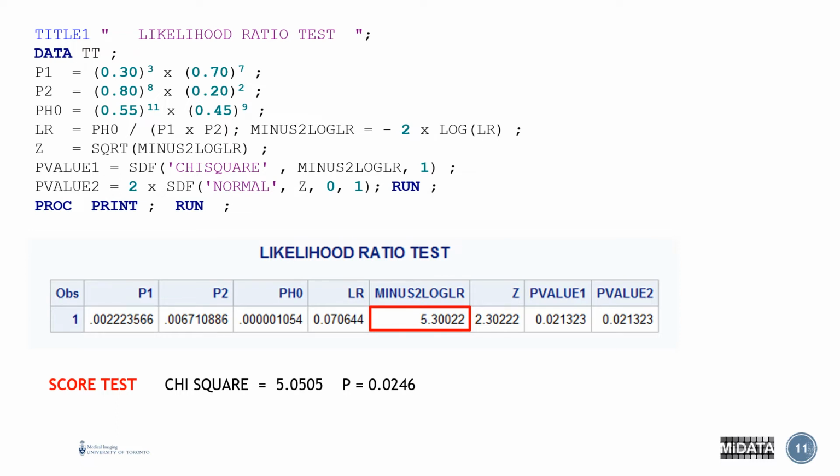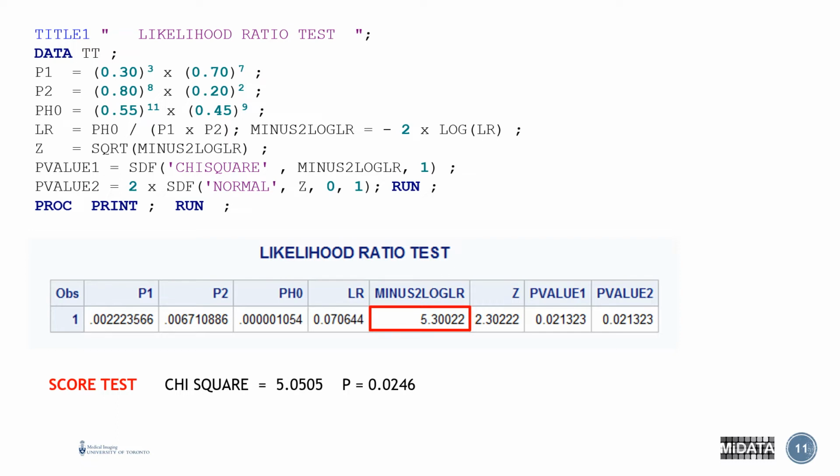What we show here is that if we simply take the square root of the negative 2 log likelihood ratio, which you will remember follows a chi-square distribution, we obtain a Z statistic that follows a Gaussian distribution or a normal distribution. We can then calculate the probability of obtaining a difference in proportions or one greater using both the negative 2 log likelihood ratio and our new Z statistic. And you can see that we obtain exactly the same p-values.